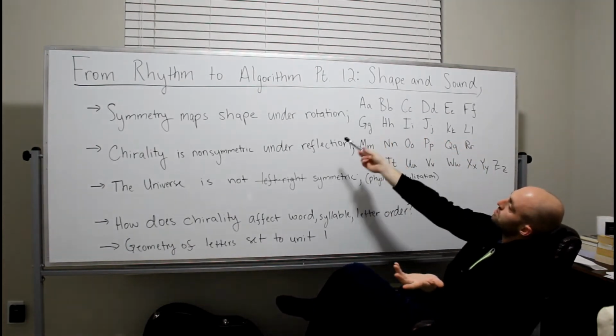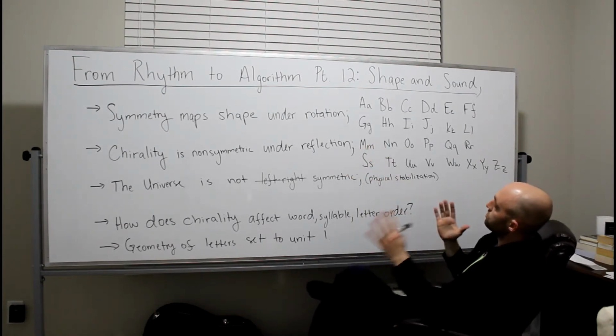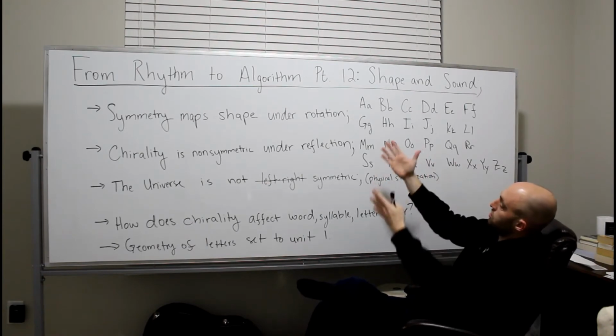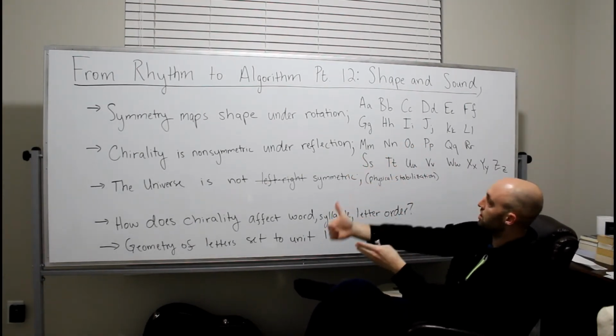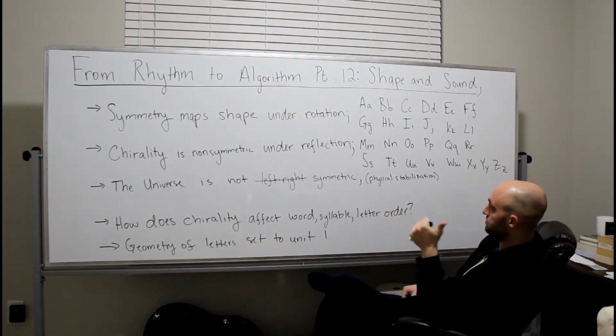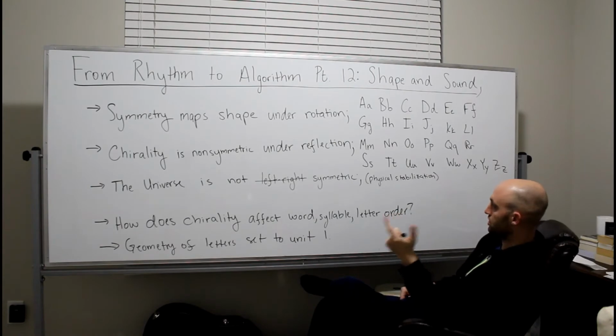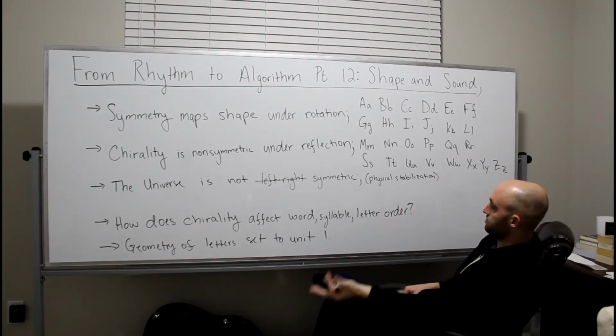When I say symmetry maps shape under rotation, I explicitly say rotation and not translation, because I'm not sure of the relationship of symmetry, rotation, chirality, reflection, and translation.